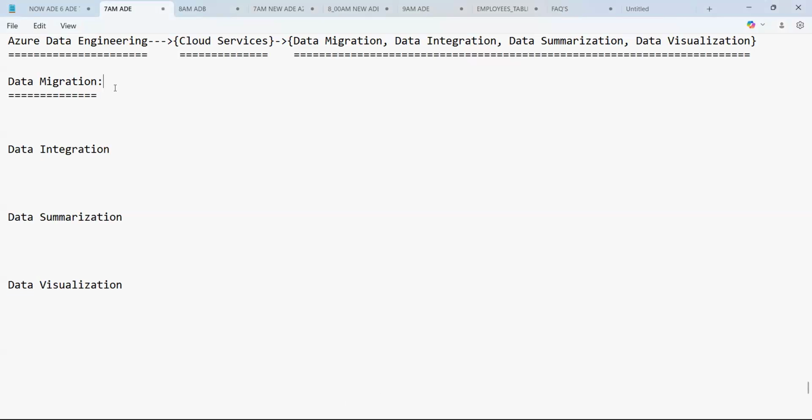Data migration is a process where the data is moved from one place to another place.